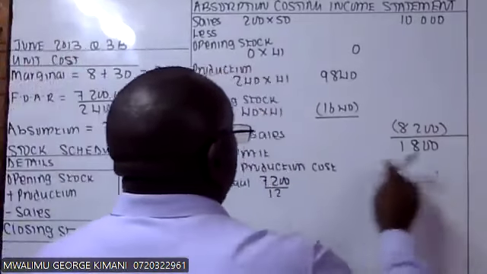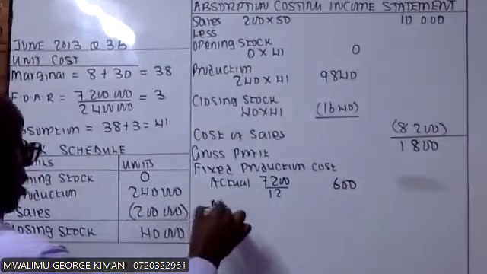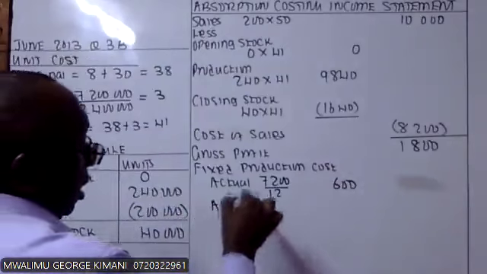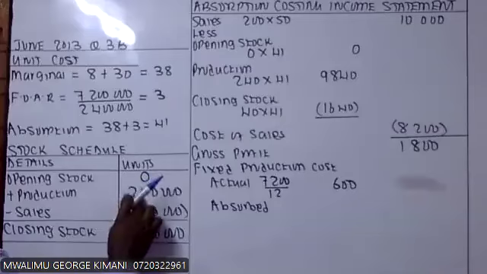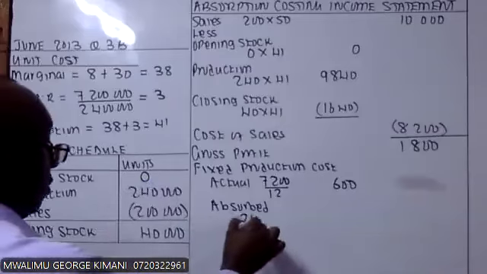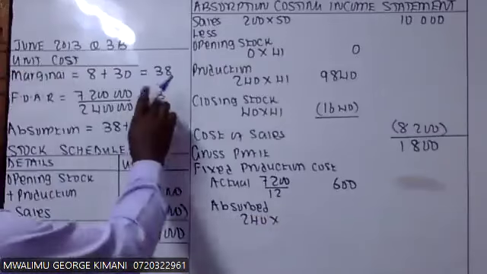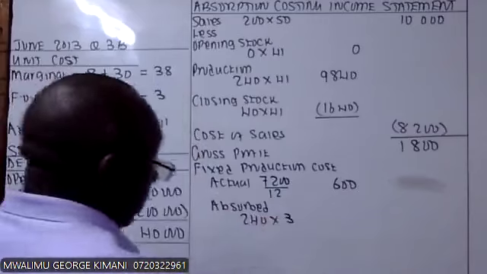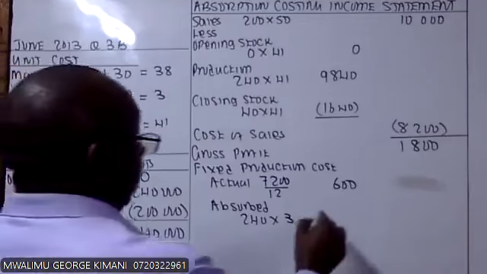We put that aside somewhere here, so that we compare it now with the absorbed. Now, absorbed, we said you take the actual production, 240, and multiply by the OAR, the fixed one. So 240 times 3 is 720.